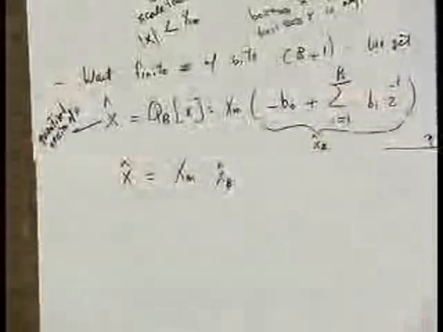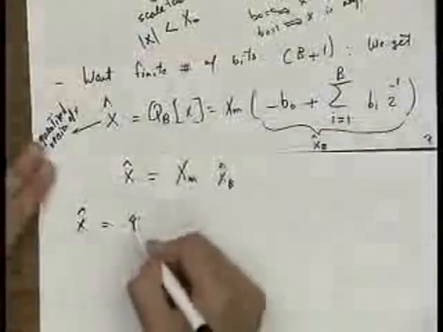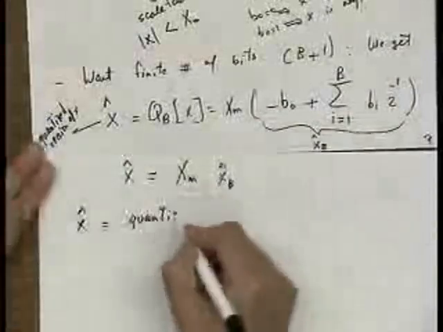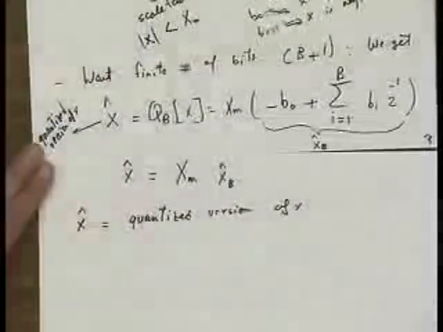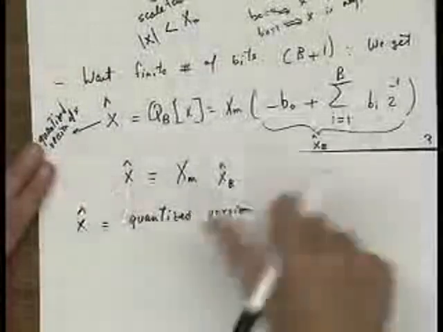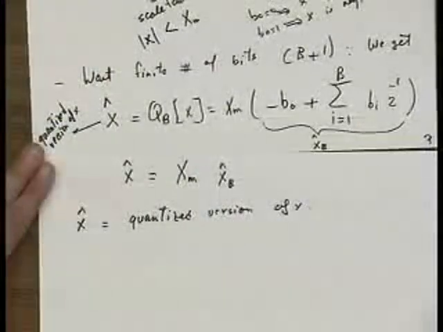Okay? So essentially x hat is just a quantized version of x. I wrote that already here, but I'm going to say it again, it's a quantized version of x. And what can we say about the smallest difference between two numbers? In this number representation scheme, what's the smallest difference between two numbers? 2 to the minus b. That's right.